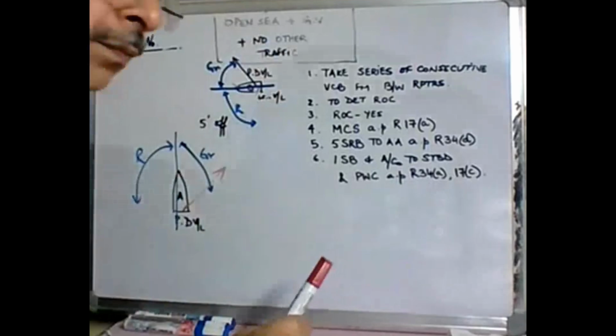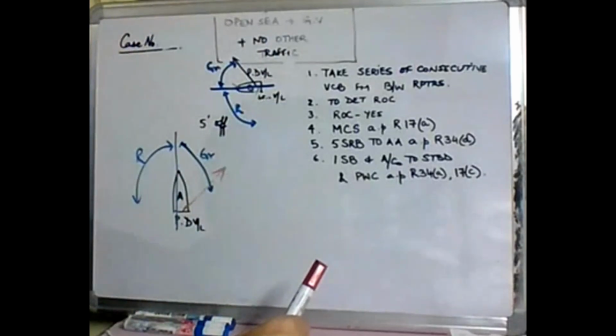Now what will you do? So if he alters to port, we will come back to our course. Can you do that? At 2 miles, 1 mile, 3 miles, can you come back to port?